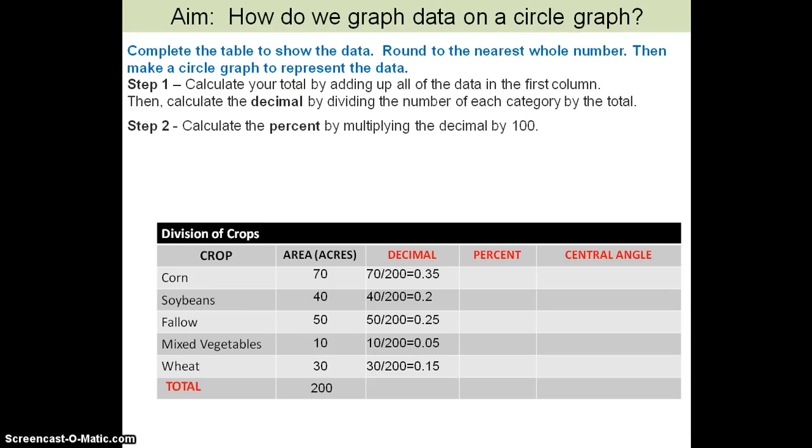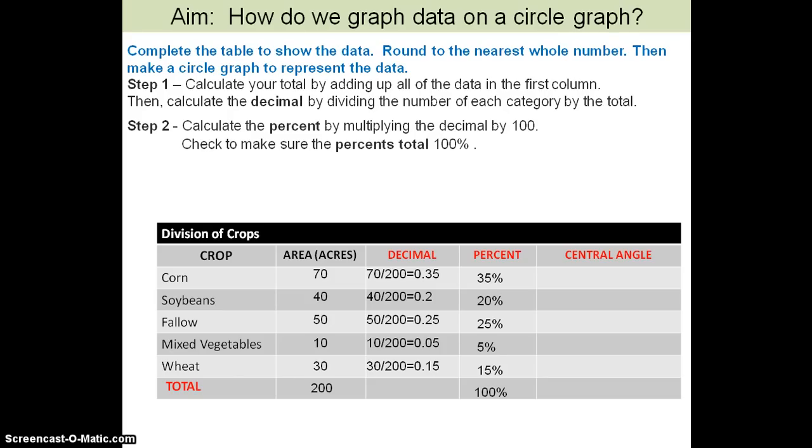Once we have completed this, we need to calculate our percent by multiplying the decimal by 100. The percentages are the labels that we will use for the wedges or the sectors on the circle. Again, you need to make sure that your total is 100%.